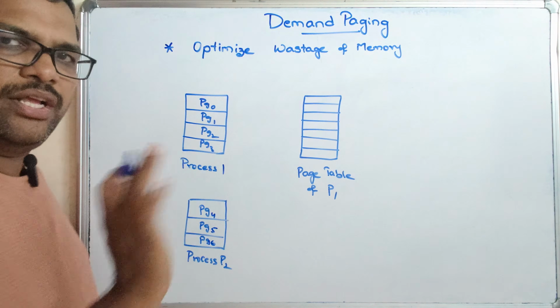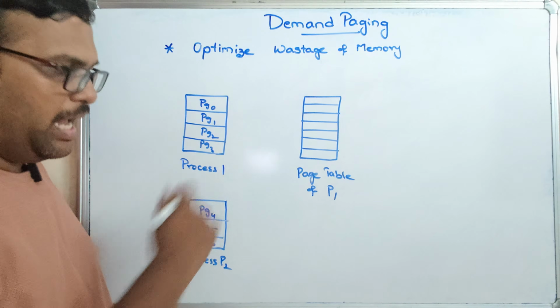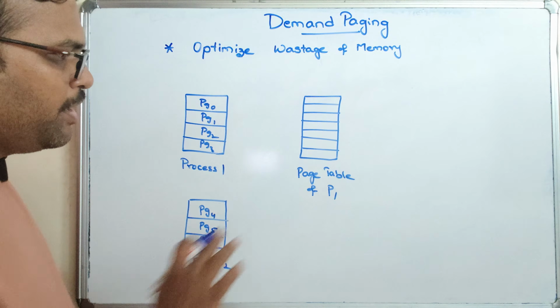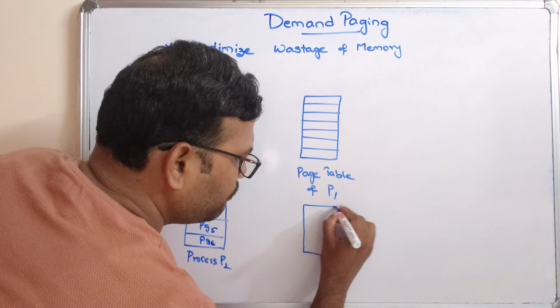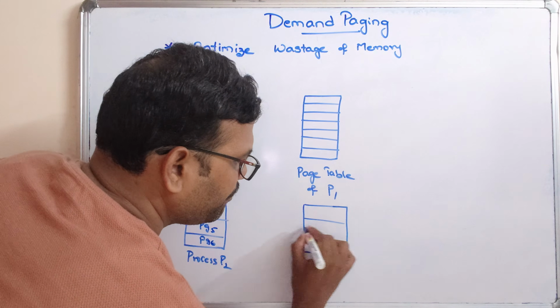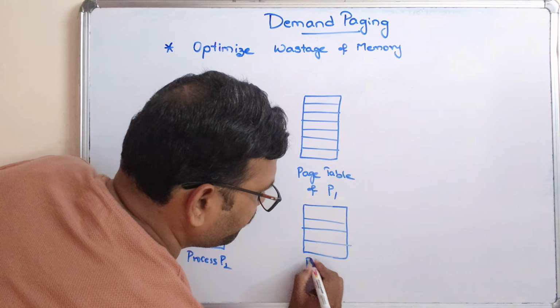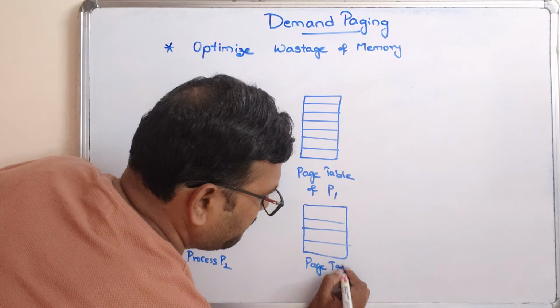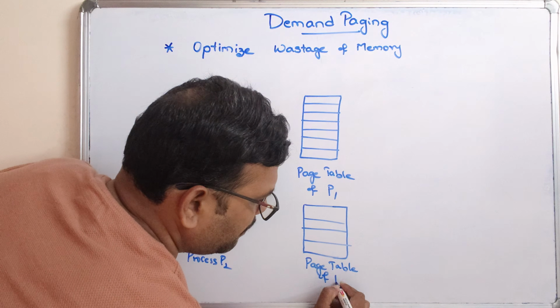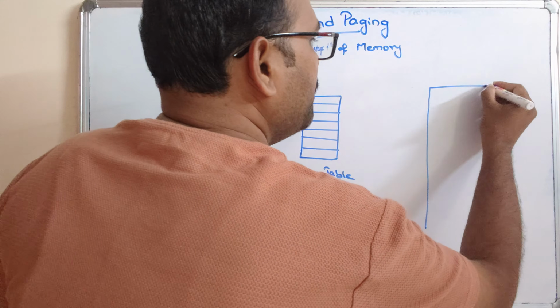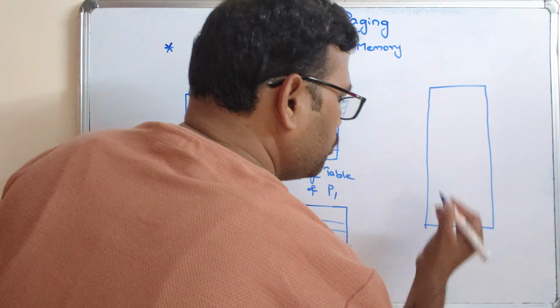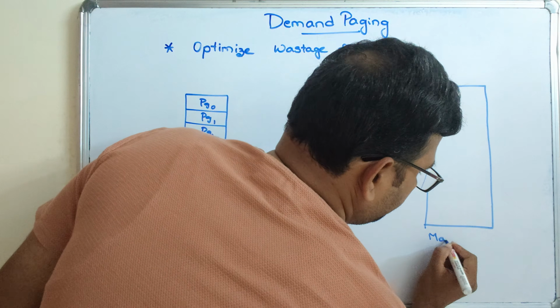There is no continuity, I am just giving unique page names to avoid confusion. This is the page table of P1 and this is the page table of P2. Now, this is the main memory where we have to store the pages.